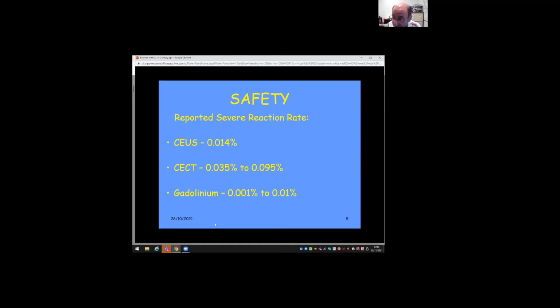If you include contrast nephrotoxicity, then these figures that you're looking at are only talking about the severe reaction rates. I'm not even going to go into figures about whether one contrast is less nephrotoxic in CT, or of course we don't use gadolinium when the eGFR is very low anyway.